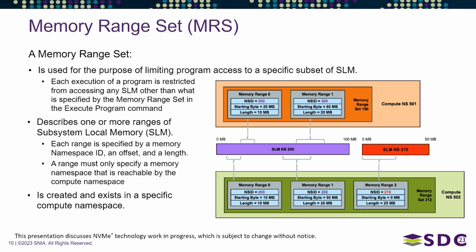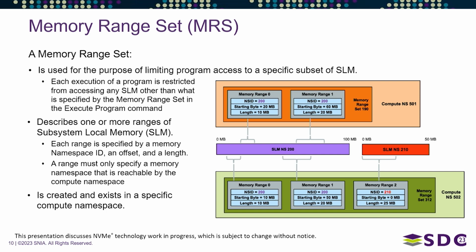Those memory ranges both point to something in subsystem local memory namespace, I'm sorry, I got the wrong glasses on, 200. And there are two different ones. They are not overlapping. One thing that is not allowed is to specify that memory range 0 and memory range 1 in any way overlap each other in any namespace. But there are two separate areas of SLM that are pointed to by that memory range set.